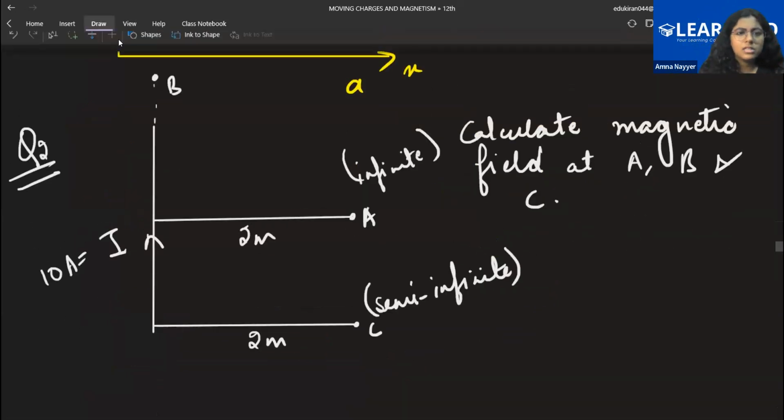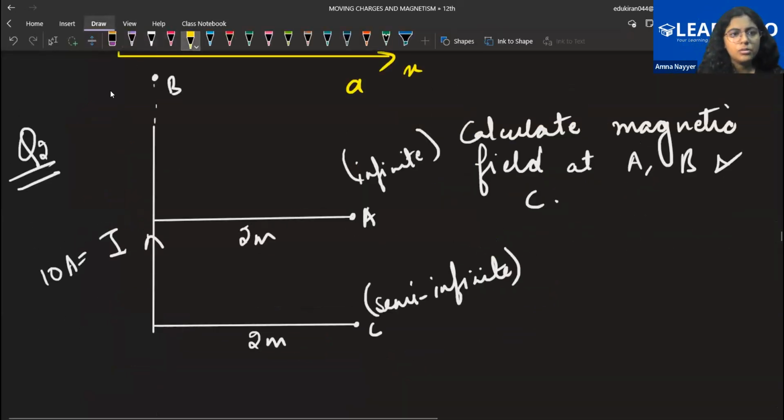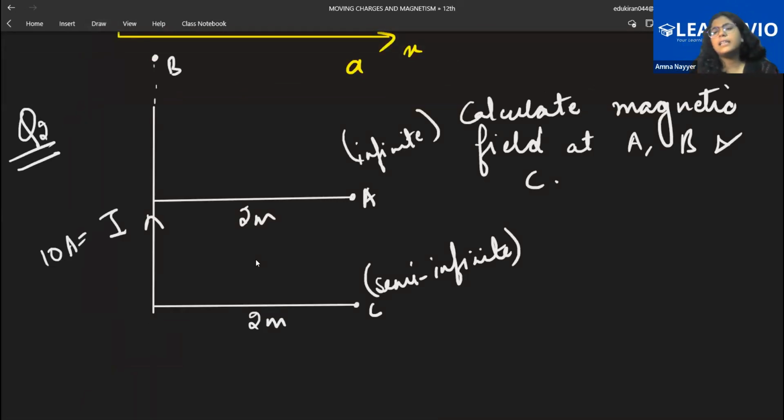Look at this question. This question will help you to remember. See, basically all the points I have written here only: A point, B point, and C point. Now it's an important question from your wire perspective, because we have covered all the points in this: infinite B, semi-infinite B, and axial also. So let's talk about A point. Forget everything, just focus. This is not present, this is not present. We just have A point.